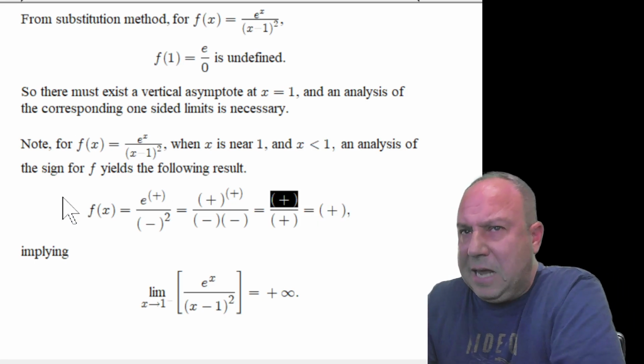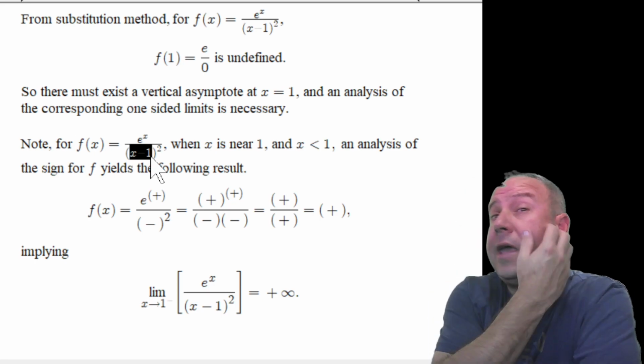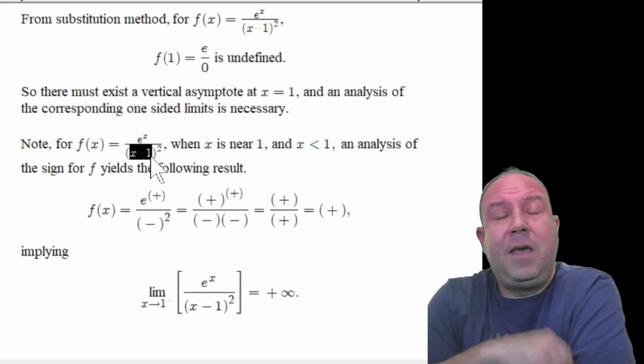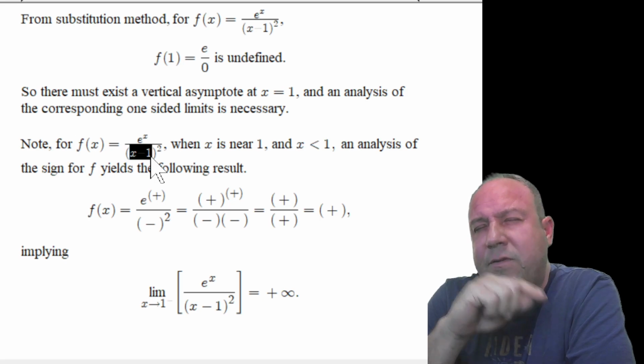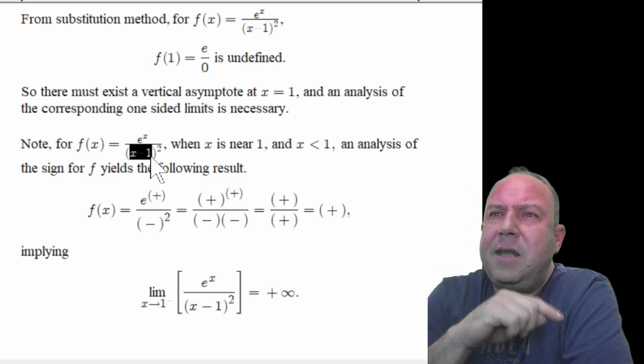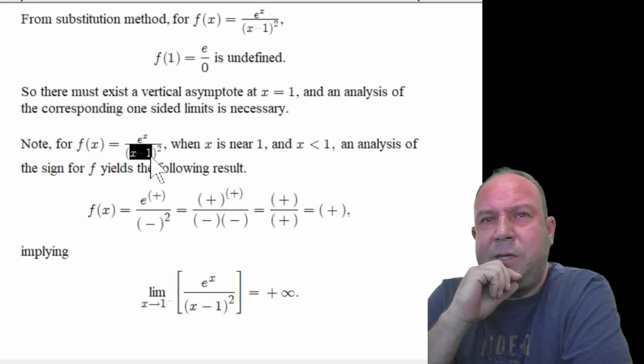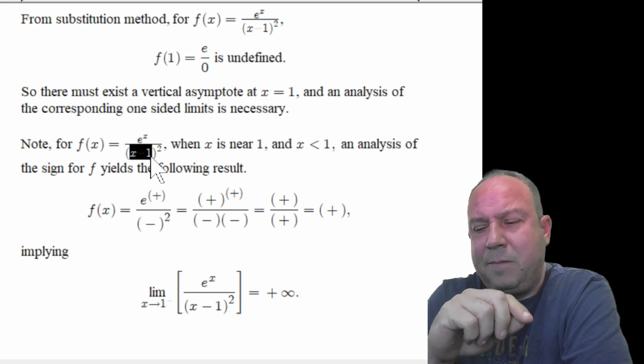In the denominator, if we plug in a number that's close to 1 but less than 1, the first thing that's going to happen to that number is we're going to take away the number 1. If we take a number 1 away from a number just smaller than 1, we're always going to end up with something in the negative region, something a little smaller than 0, a negative number.